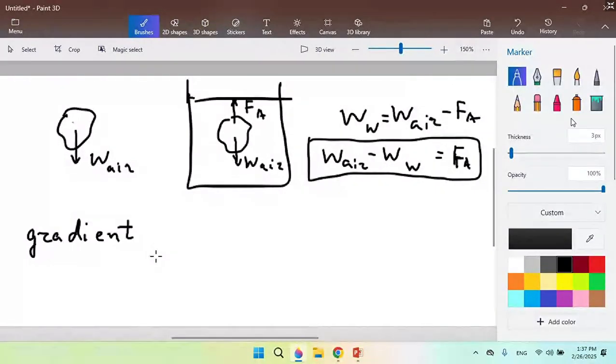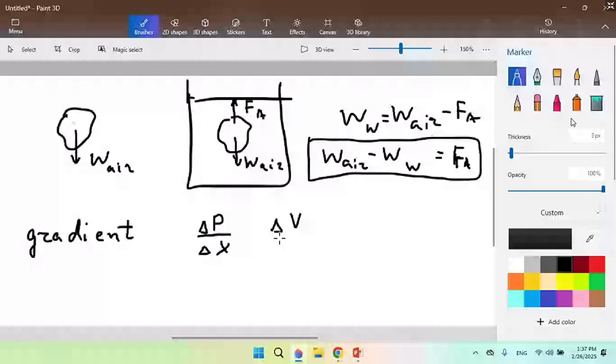Change in a quantity per unit length. This is gradient. And in the specific example, we've got pressure gradient, pressure change per unit length. But we may have velocity gradient, as found in Newton's law. We may have concentration gradient, density gradient.